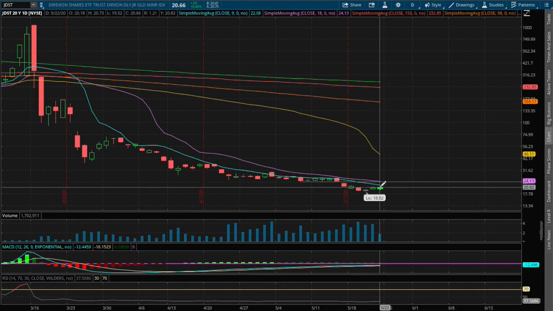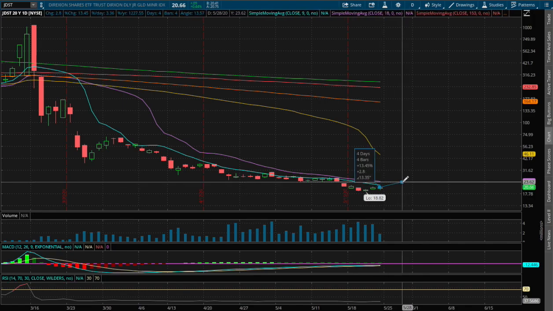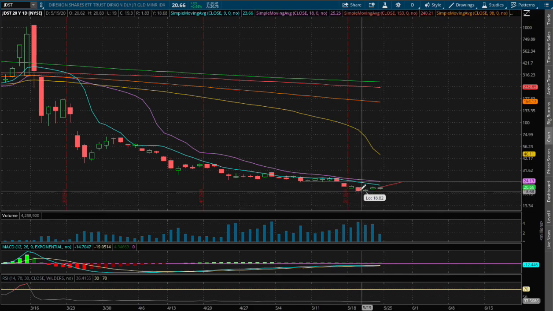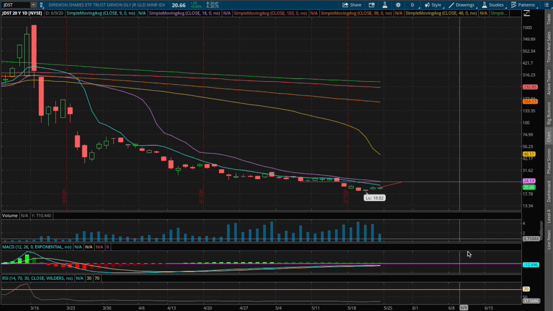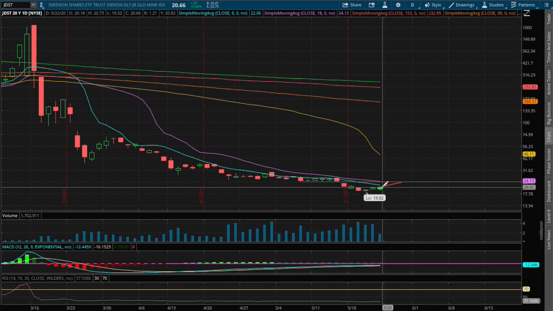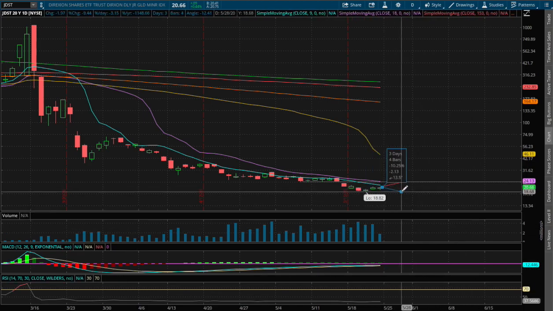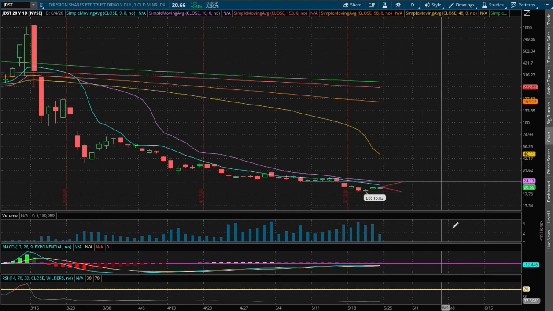If we were to move up higher, that price movement to the upside is roughly 13%. As for support, we saw previous all-time lows made back on May 20th, and if we do manage to reach those lows, that is roughly 10% to the downside.